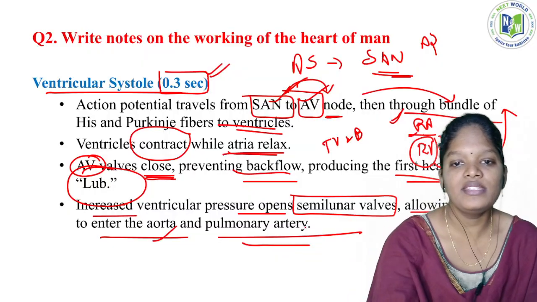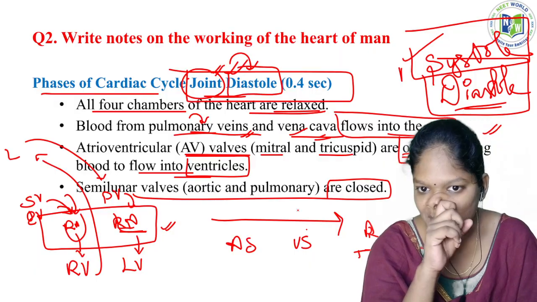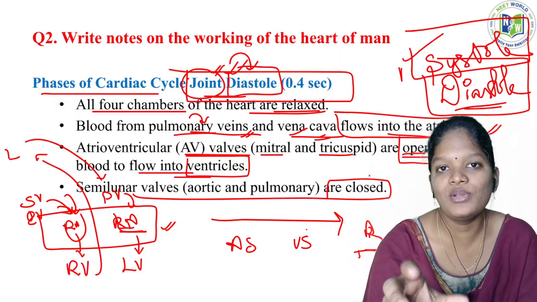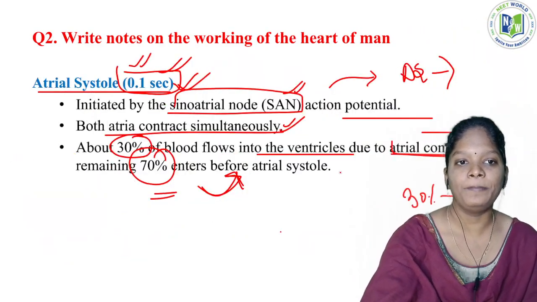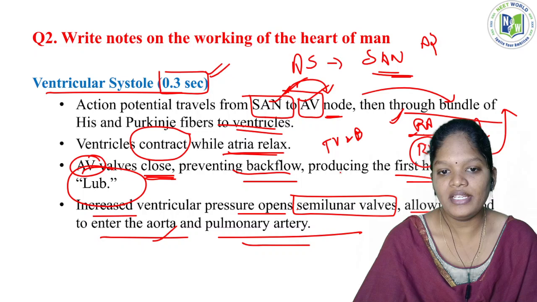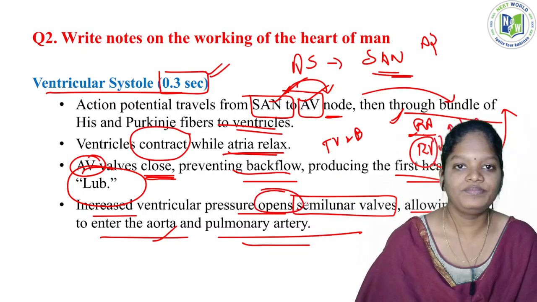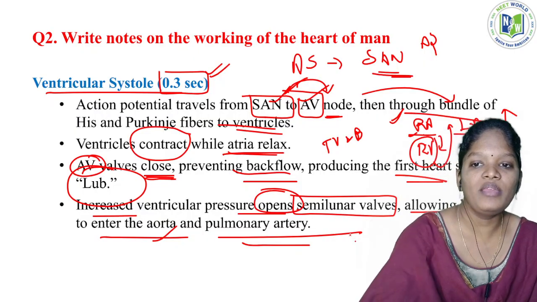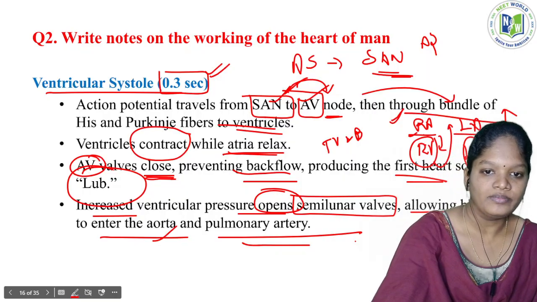At the time of joint diastole, the semilunar valves are closed and the AV valves are open. At the time of ventricular systole, the semilunar valves are open, because the blood has to enter the pulmonary artery.